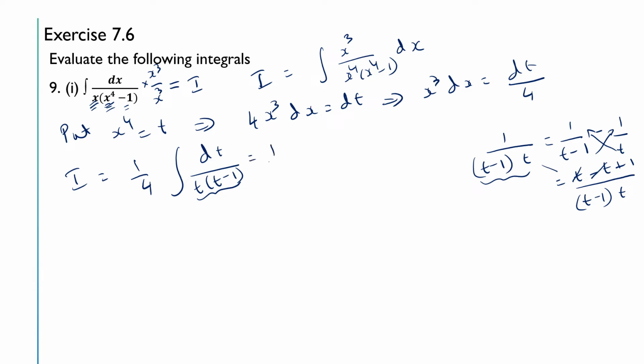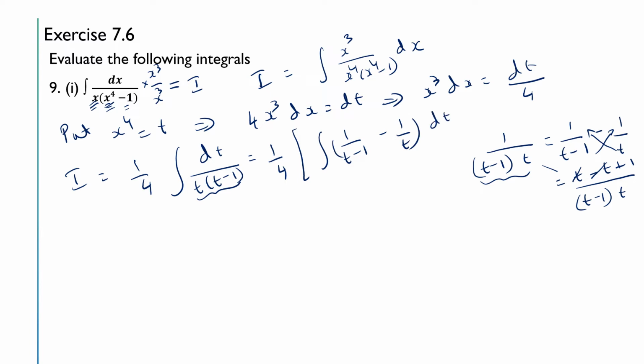So this is equal to 1 by 4 into, when we have MCQs and all, we need not do all the steps, we only have to choose the correct answer. So we can use this method while solving MCQs. So this is equal to 1 by 4 into integral 1 by t minus 1 minus 1 by t into dt.